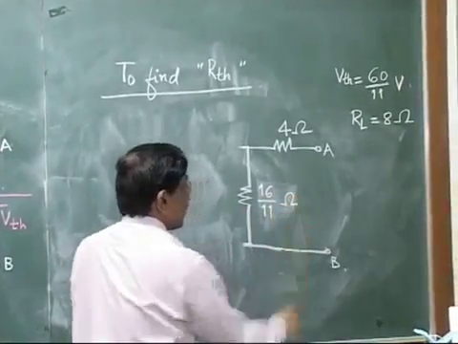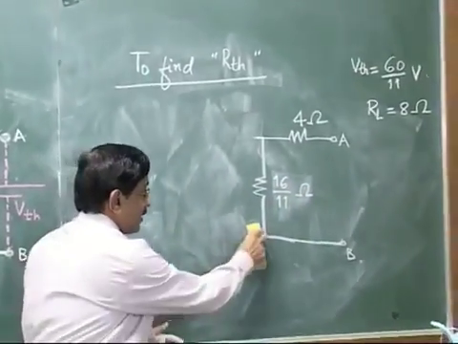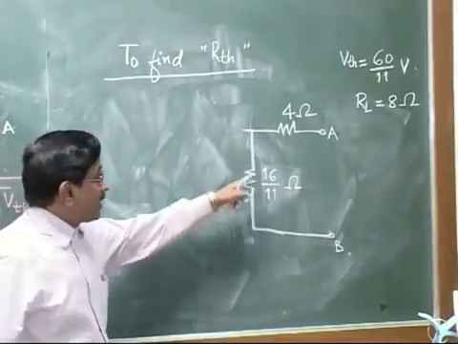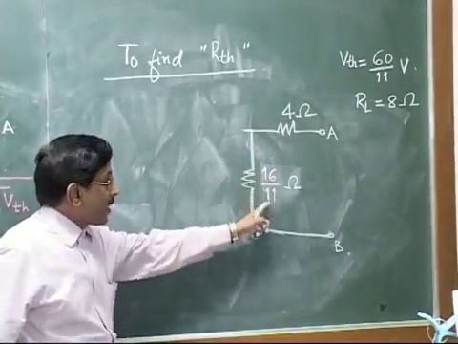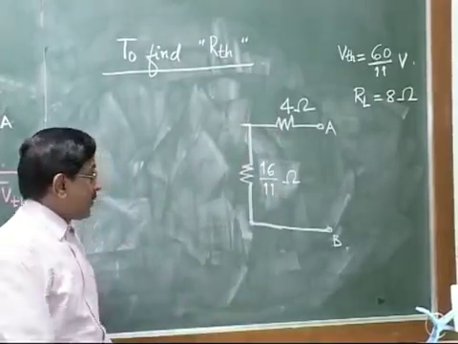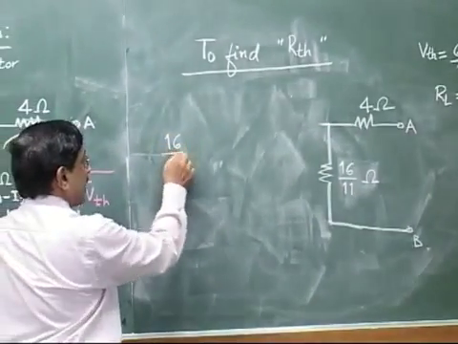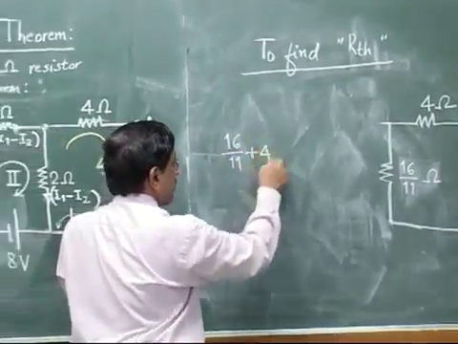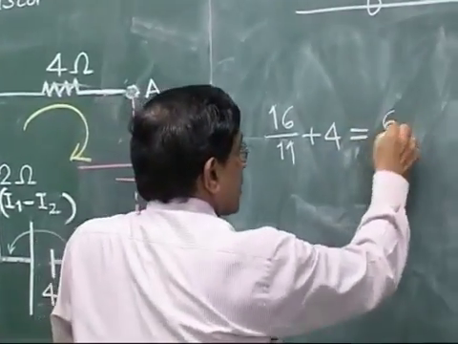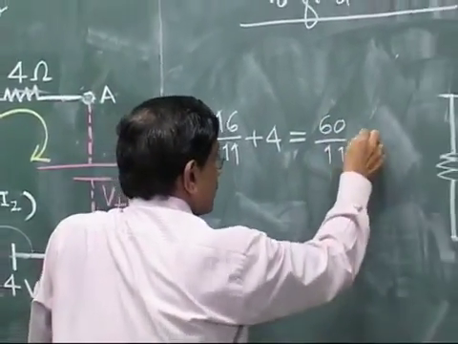Ohm. And finally, one more simple calculation: these two are in series. So 16 by 11 plus 4 will be giving you 60 by 11 ohm.